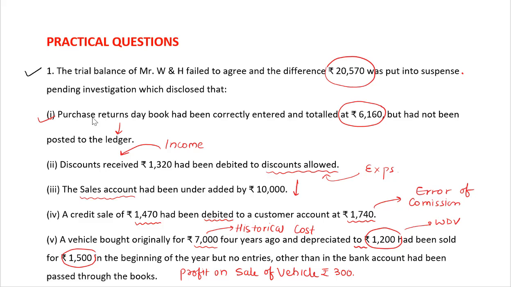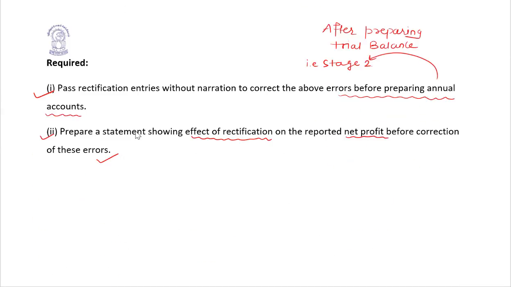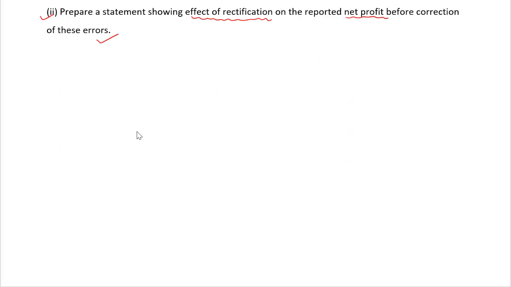Purchase return day book had been correctly entered and totaled at 6,160 but had not been posted to the ledger. Okay, so we will post it to the ledger now. We will rectify it. Just do the solution along with me.